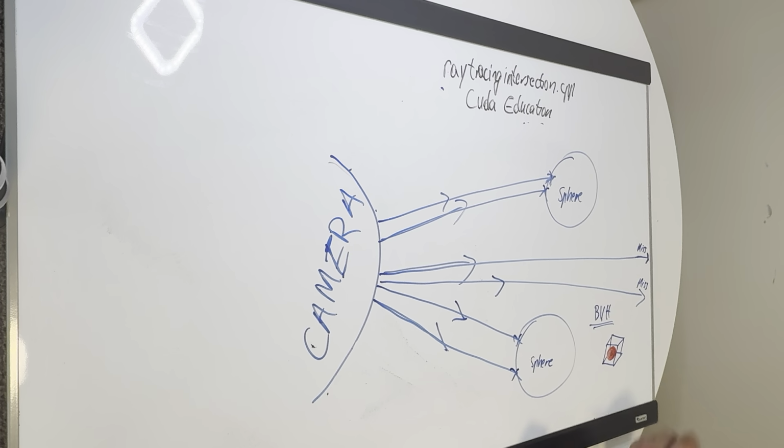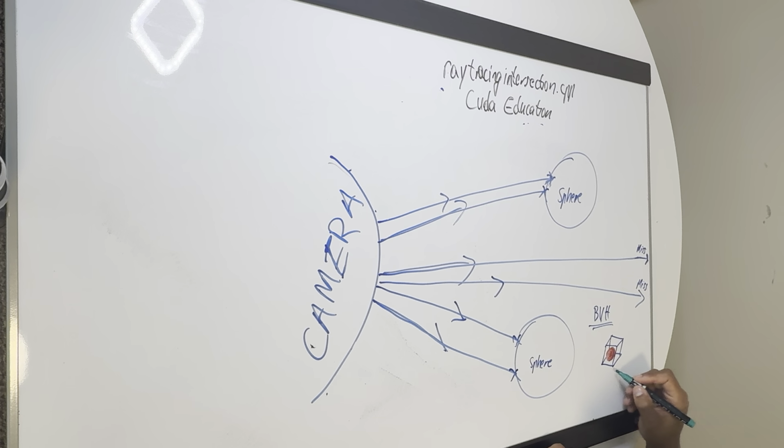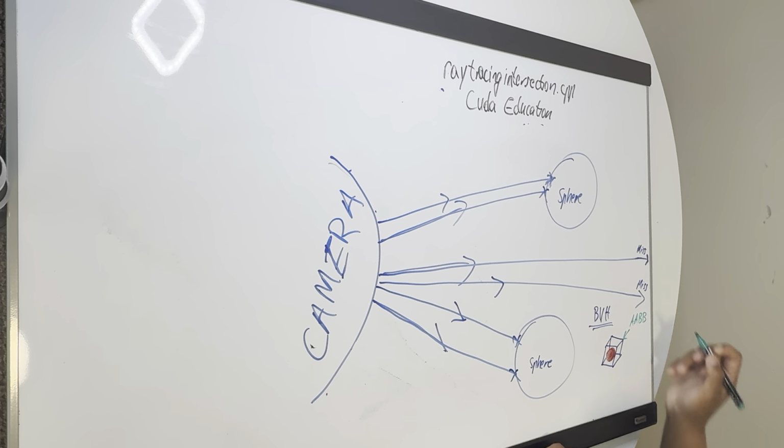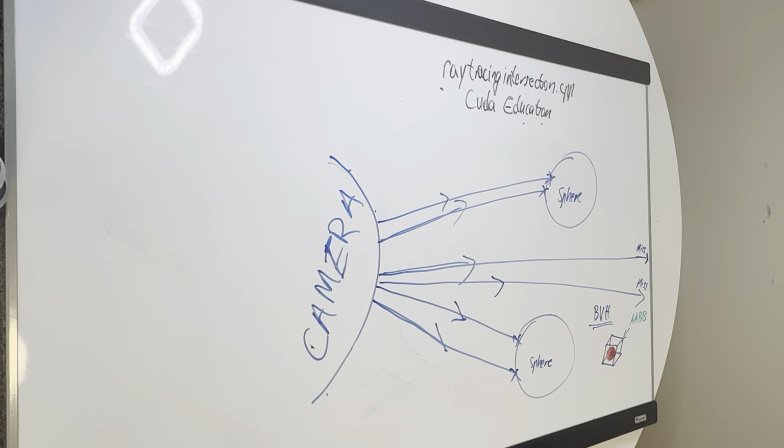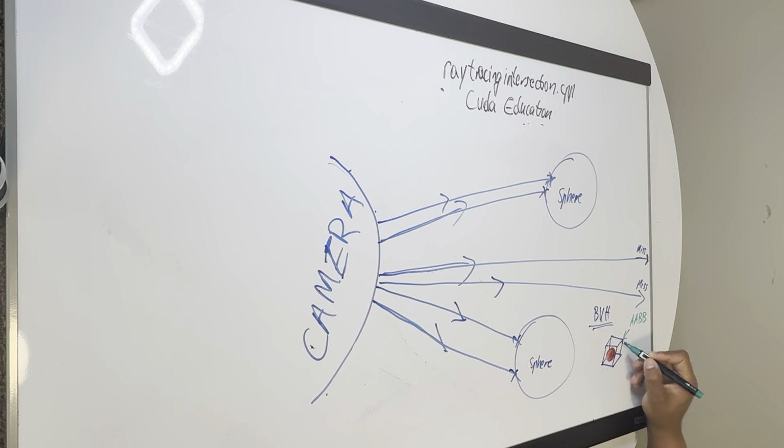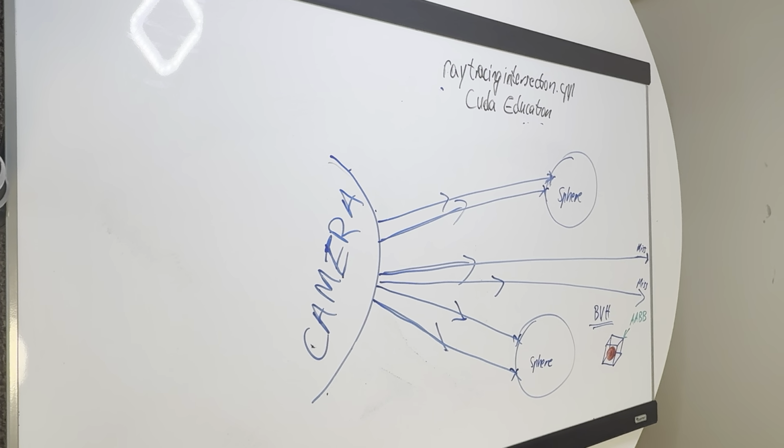Now, in this specific application, we call this three-dimensional box AABB. So we have AABB, which is the name of this box, and we wrap each sphere with this AABB box.